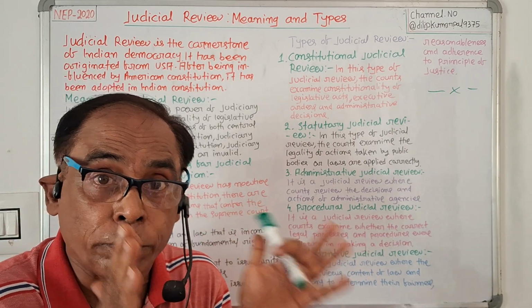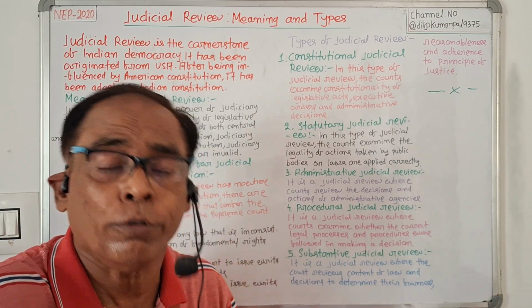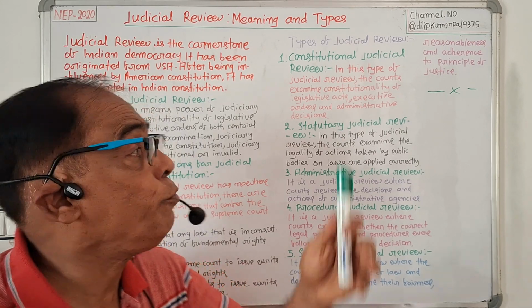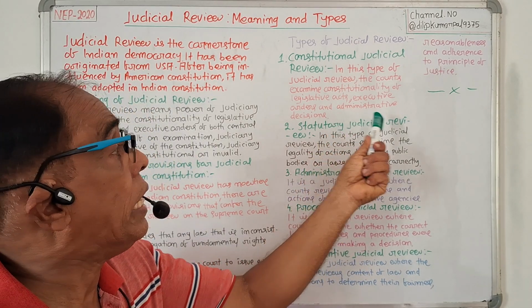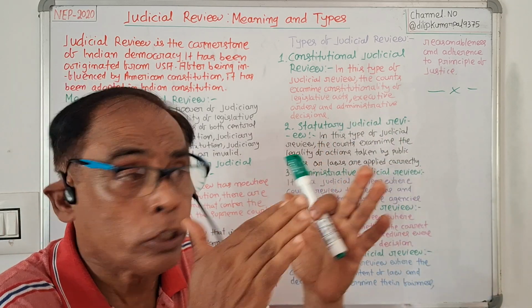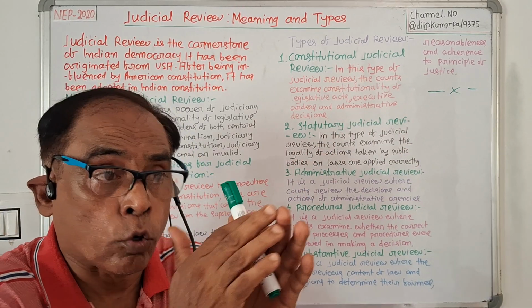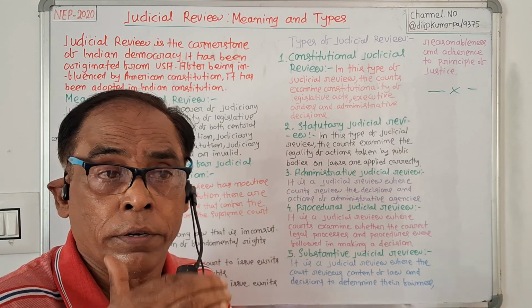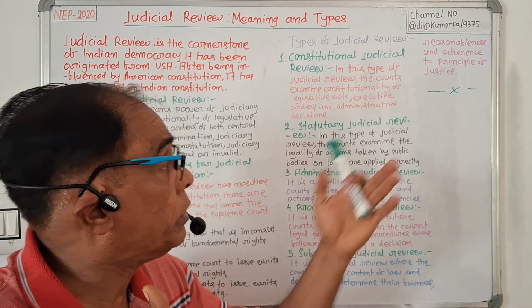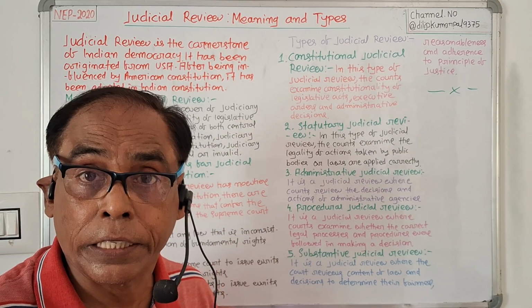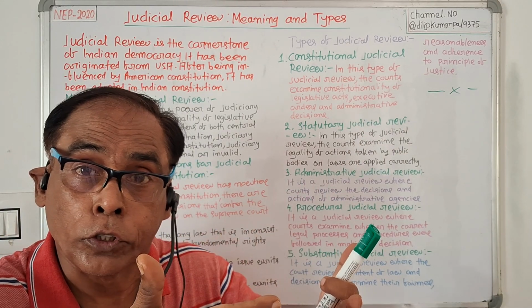Constitutional judicial review means the court will review the laws of legislature, orders of executive, and decisions of administrative agencies, whether they violate the constitution or not.